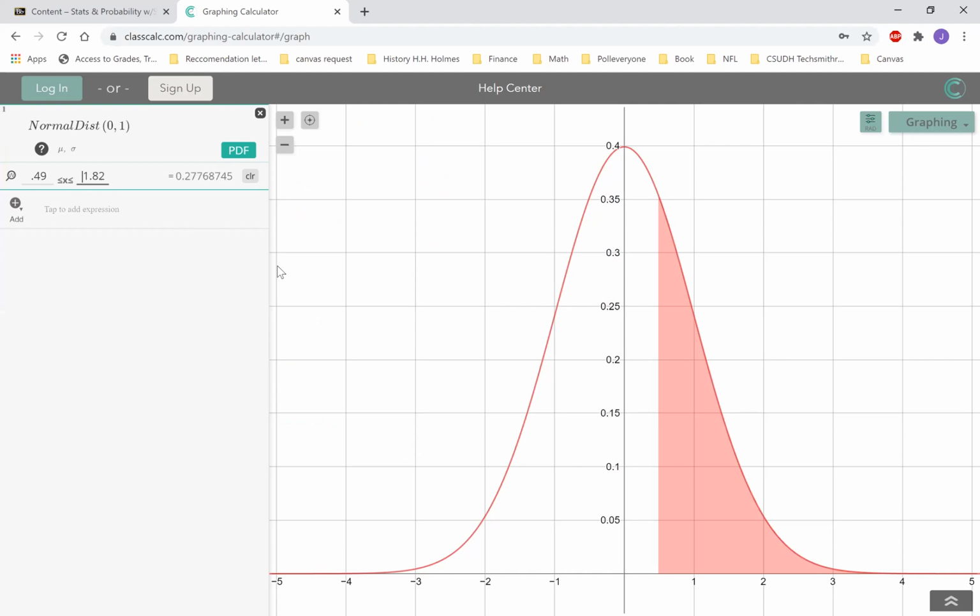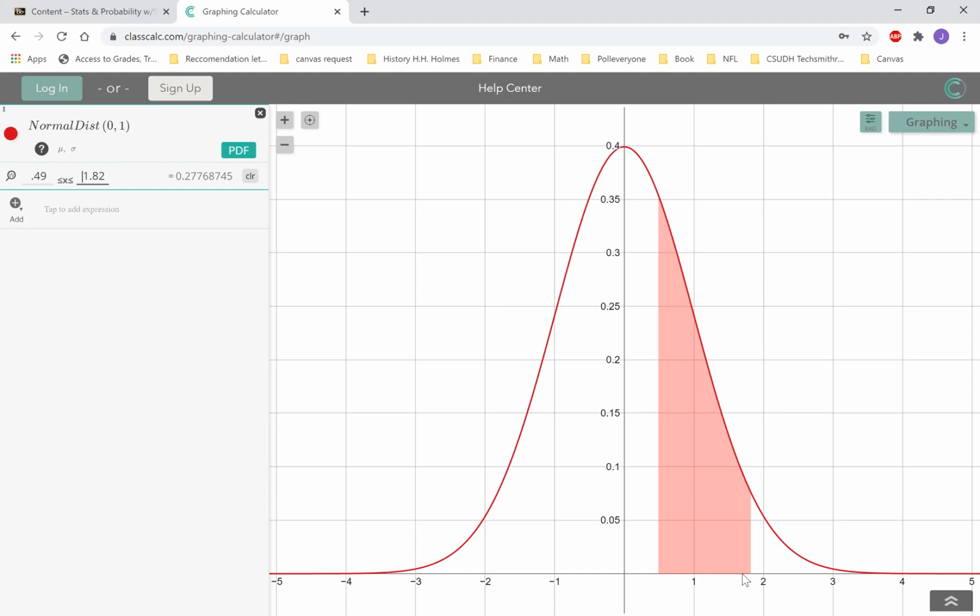Let me take away this infinity. So if you look at the drawing, it has 0.49 all the way to 1.82. The value it gave us is 0.27707, and that's your final answer for D.